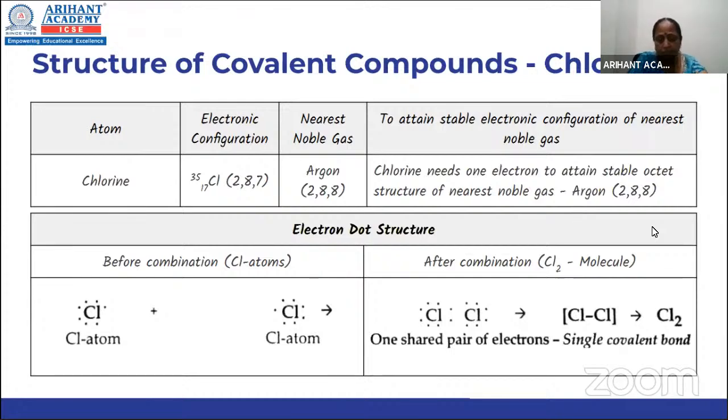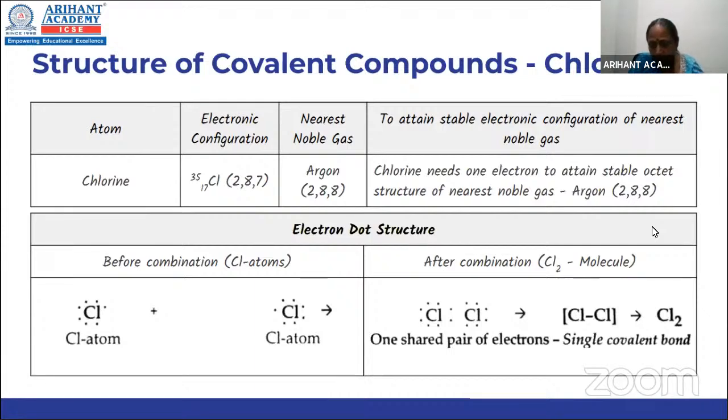Once again, I repeat, 7 electrons in the outermost shell. One less to be an octet. So it will contribute 1 towards sharing on both sides, from this atom as well as that atom. And in the center, we'll get 2 electrons shared and 6 electrons left with each chlorine atom. 7 minus 1, 6, and 1 from each side shared.